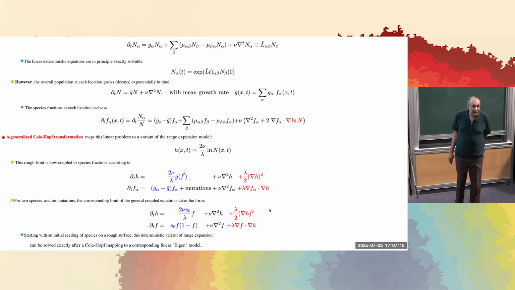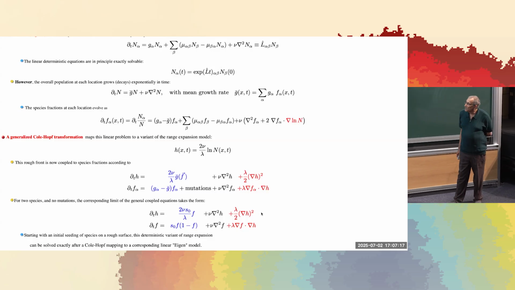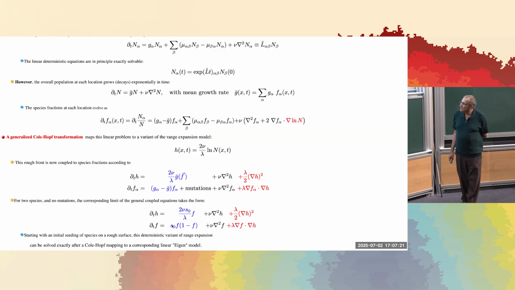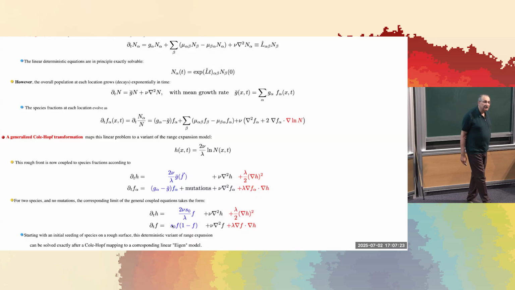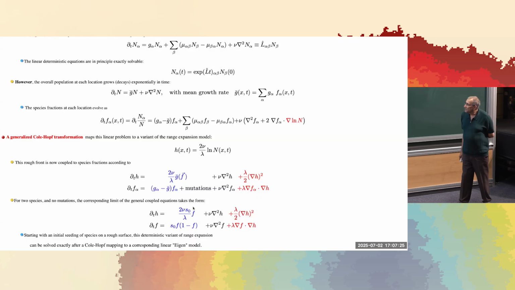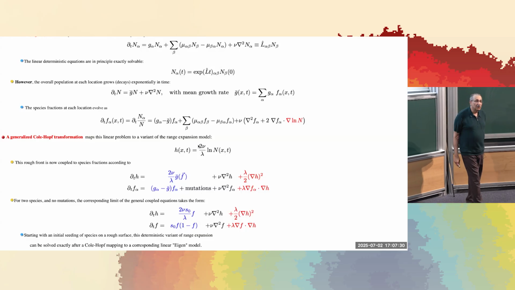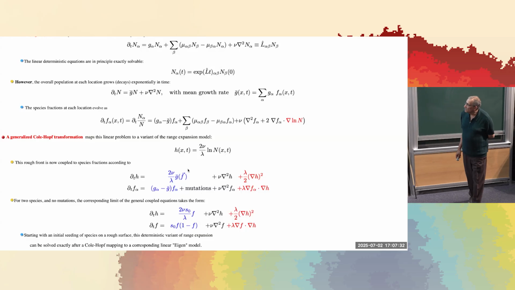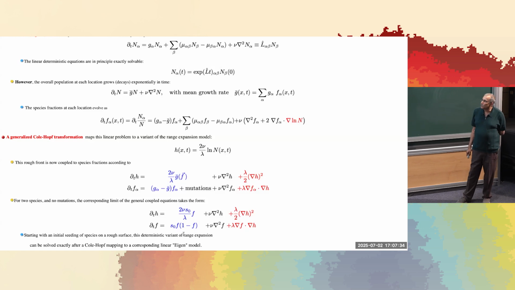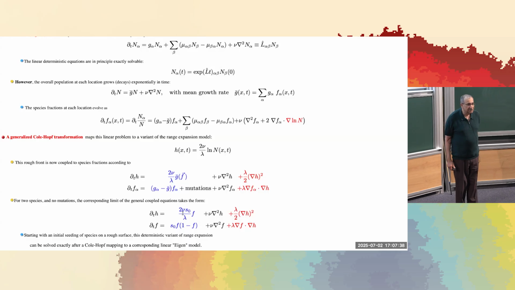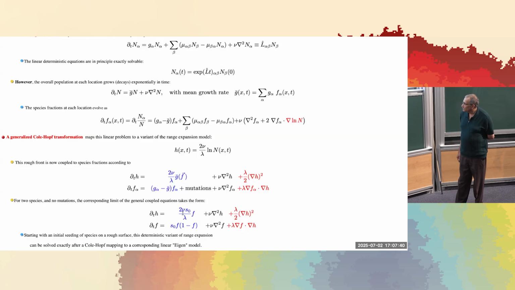set of parameters, because previously I had some alpha here taken completely independent of everything else. But if these two equations originate from the same Cole-Hopf transformation, I'm required to make these two parameters related in some particular fashion. Okay?